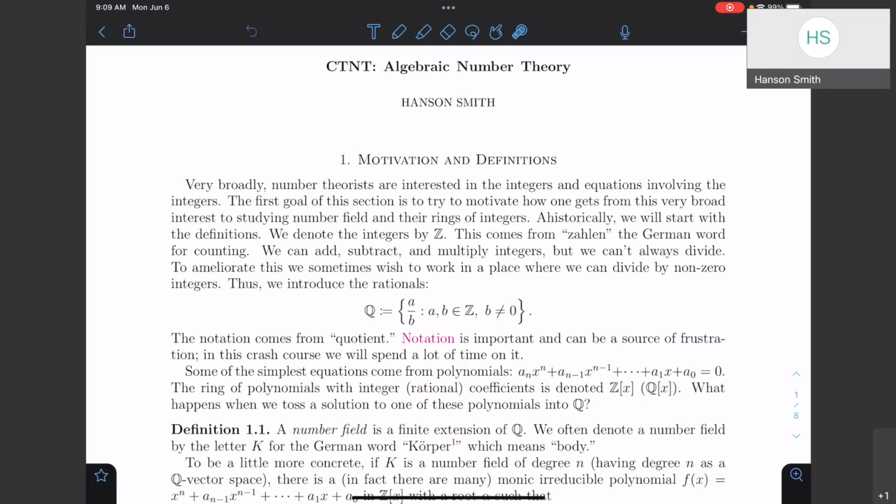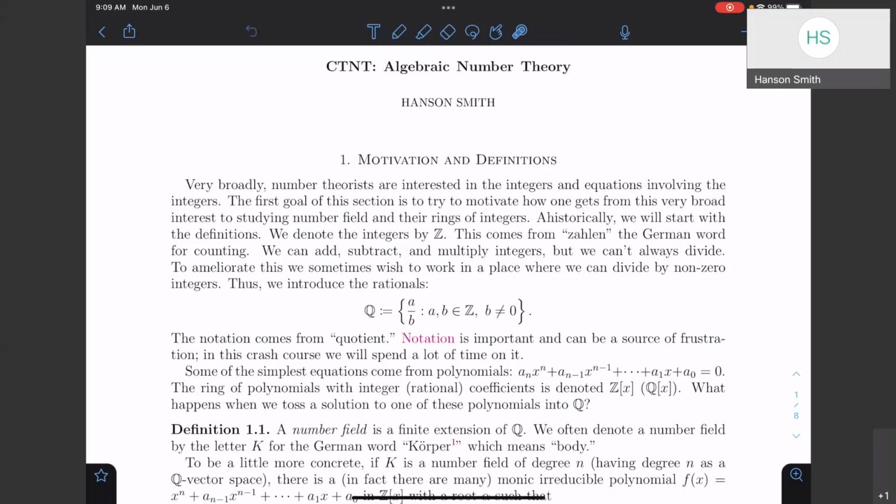And I want to try a little bit to motivate how we get from the integers and equations involving the integers to the main objects of study in algebraic number theory, which are called number fields and number rings. They seem a little bit weird from the perspective of just thinking about 1, 2, 3, 4, -7, that set of numbers.